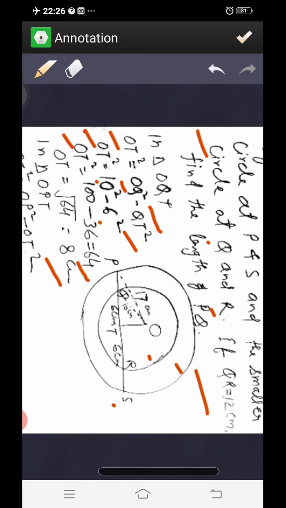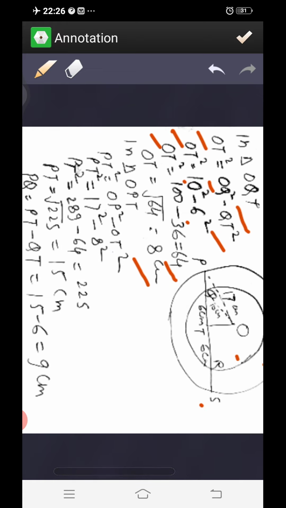Now we take triangle OPT. In OPT, OP is the hypotenuse, OT is the perpendicular and PT is the base. We have to find PQ, so first find out PT. PT square equal to OP square minus OT square.